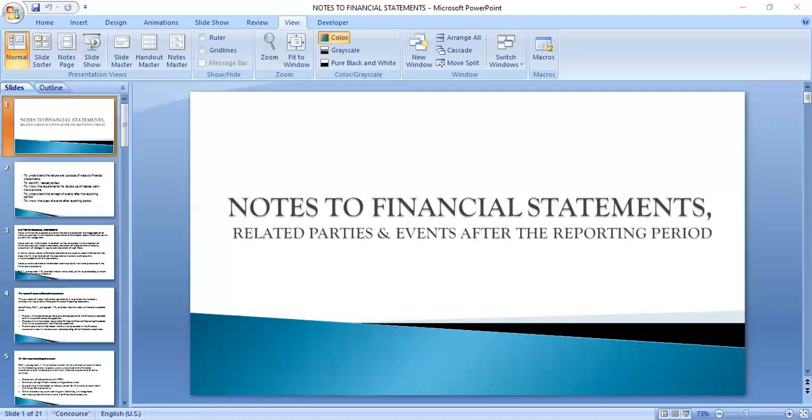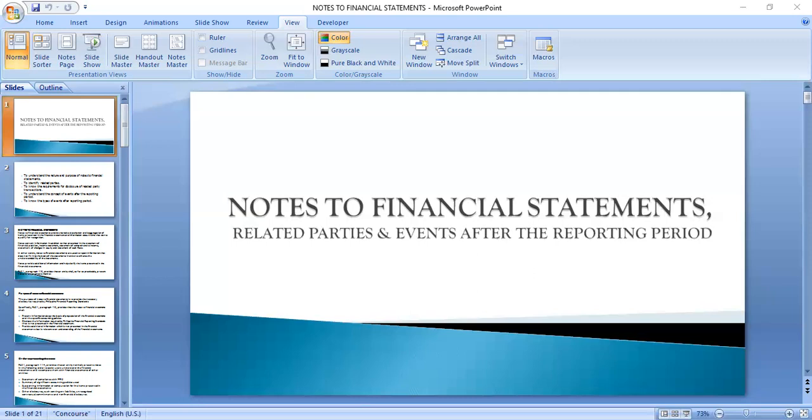In other words, notes to financial statements are used to report information that does not fit into the body of the statements in order to enhance the understandability of the statements. Notes provide additional information and help clarify the items presented in the financial statements, and provide that an entity shall, as far as practicable, present notes in a systematic manner.